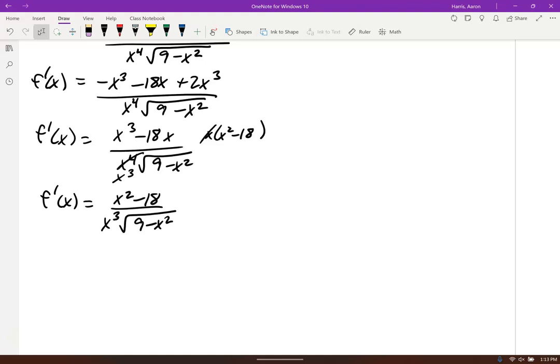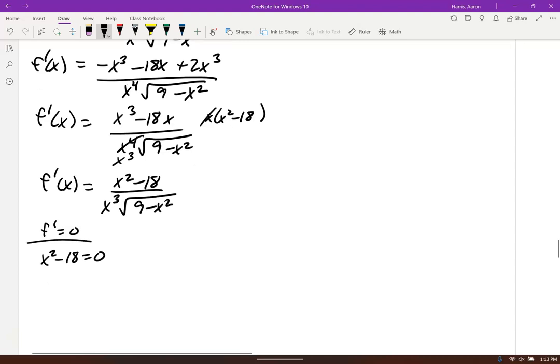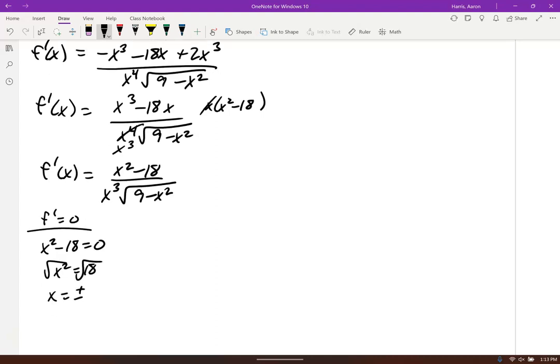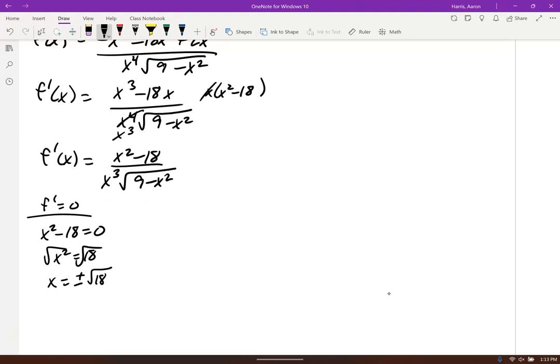Okay, so what are our critical points? Well, where's the derivative equals 0? Well, if the numerator is equal to 0, that'll be true because 0 over anything is 0. So I add 18, square root, so x is plus or minus the square root of 18.